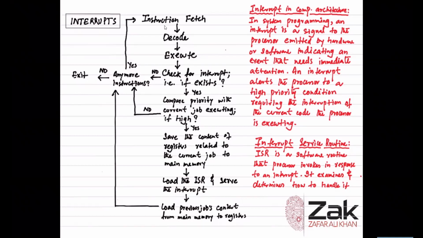Then let's say there is an interrupt and its related program's priority is higher than the current program's priority. In that case, the content of the registers, along with the line number, the current instruction address, everything is saved to the memory, which is IAS or RAM.